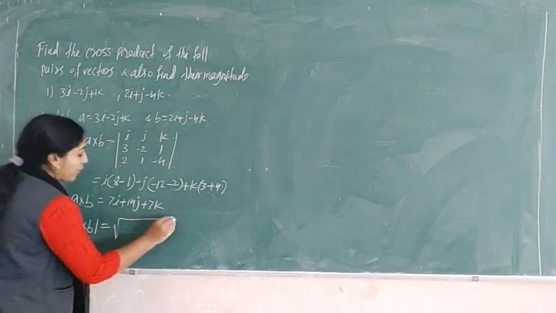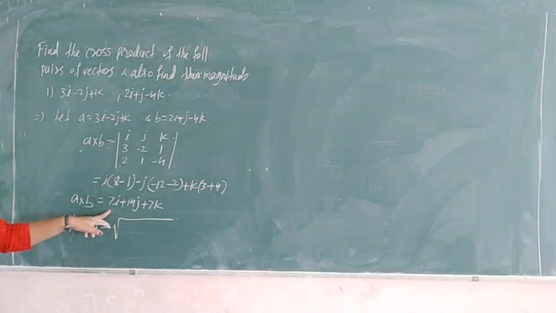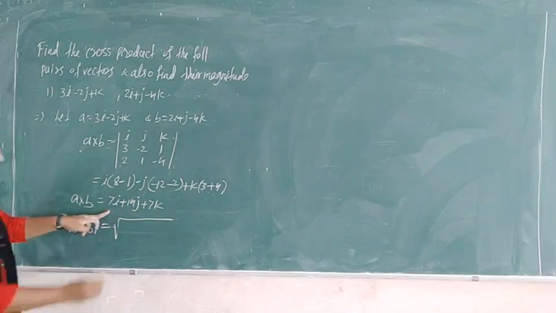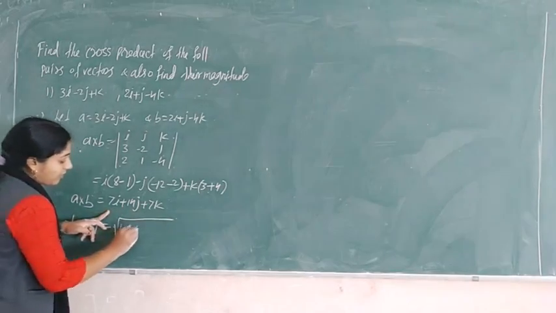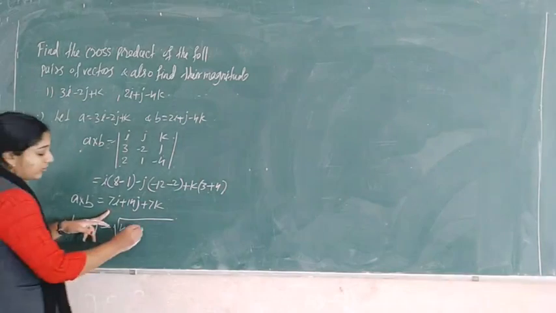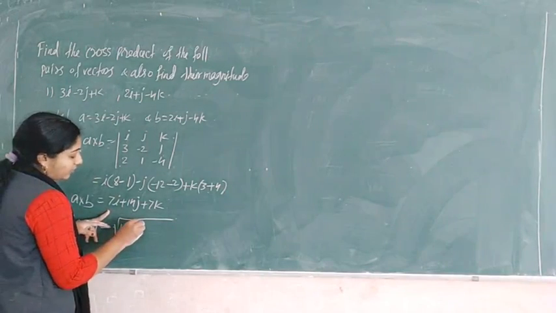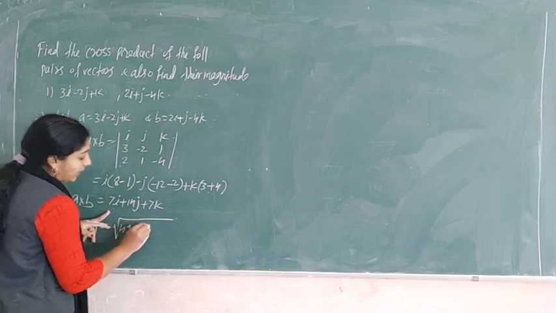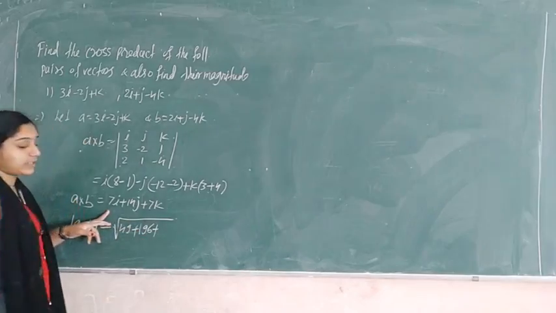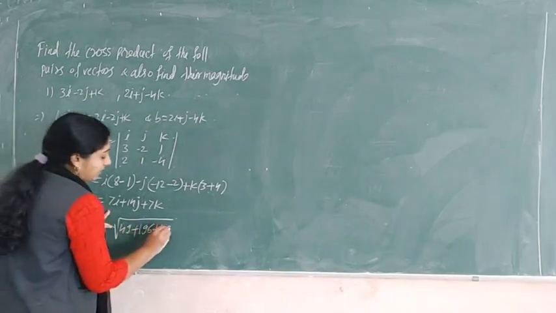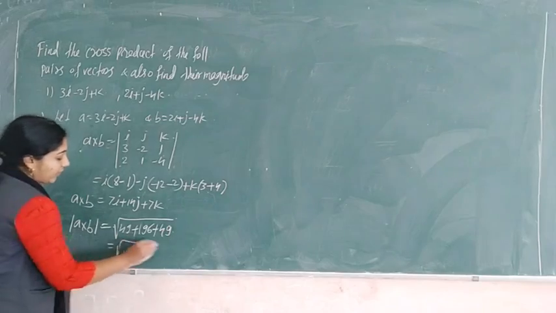How will we find the modulus of A cross B? 7 square plus 14 square plus 7 square. So 7 square you will get 49, plus 14 square, 14 into 14, 196. This is not 169, it is 196, plus again 7 square is 49.